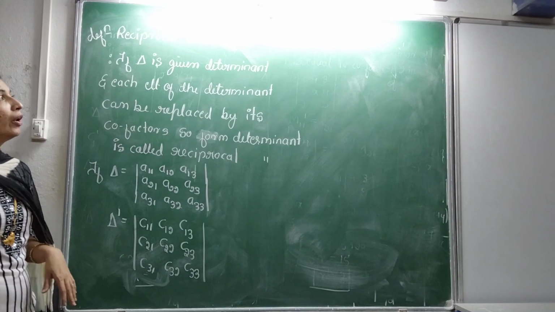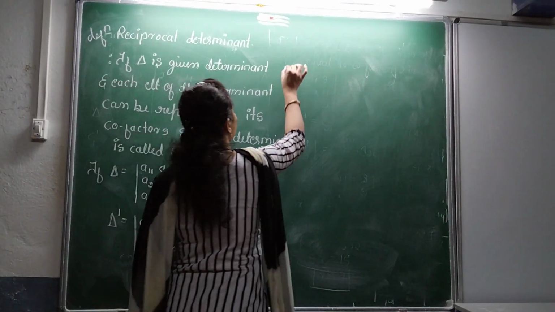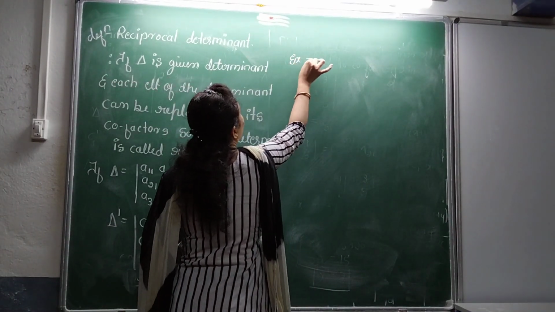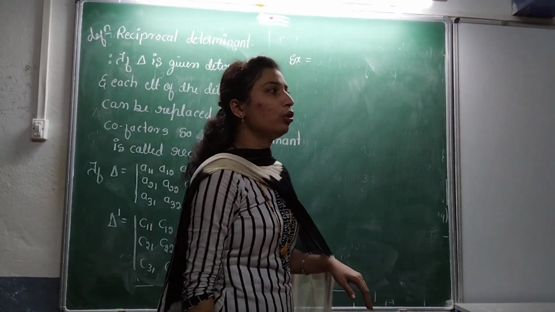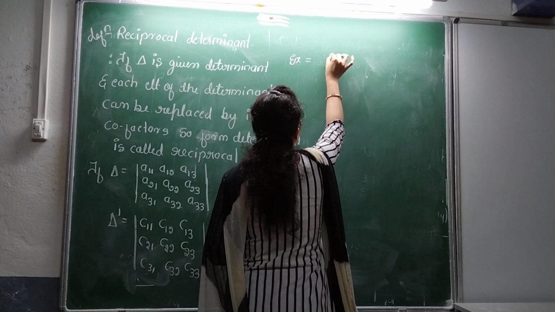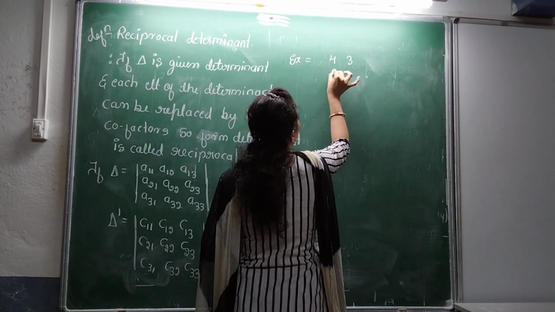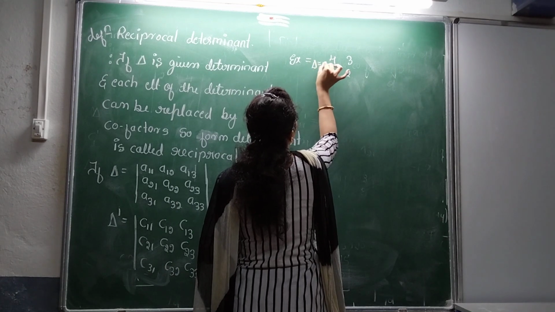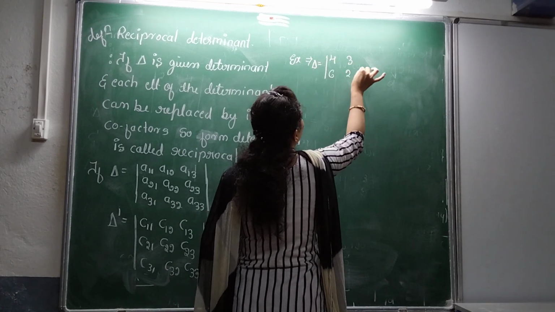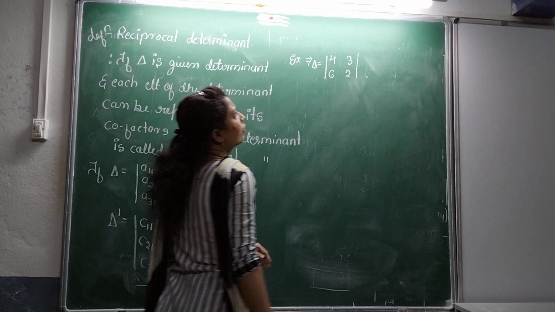So now an example. If we consider a 2 cross 2 determinant, that is 4, 3, 6, 2. Delta is equal to 4, 3, 6, 2.